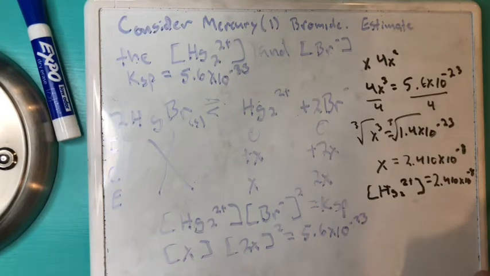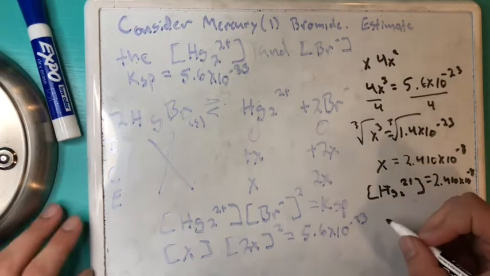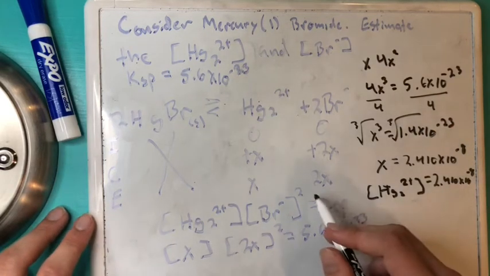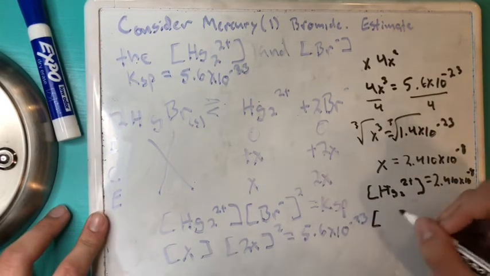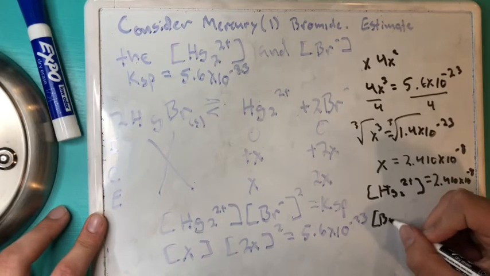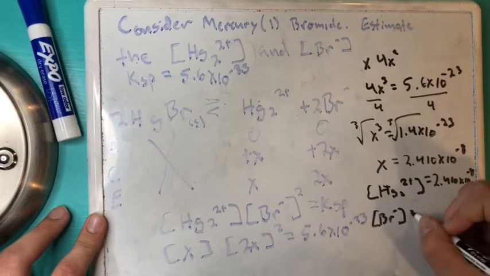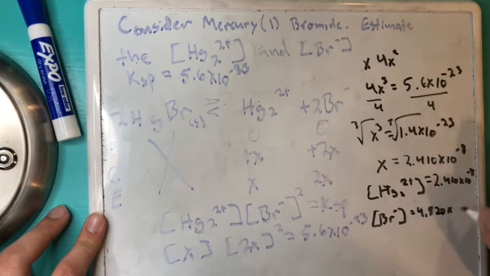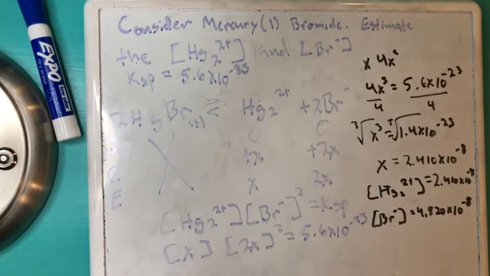So, one sec. In this case, we just need to multiply this number by 2 because it's 2x. So the concentration of Br minus is going to equal 4.820 times 10 to the negative 8th. And that's how you do this question.